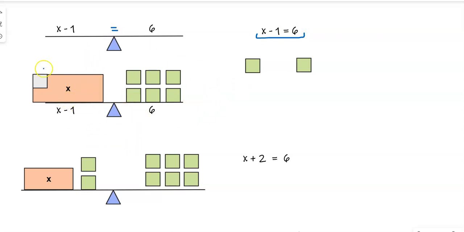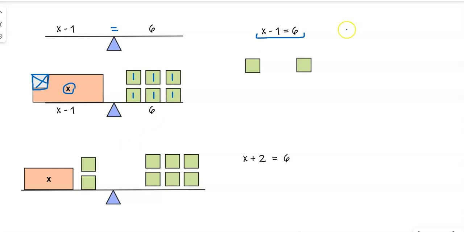If we want to see this visually, on one side we have some unknown value x, and we are taking 1 unit away from this unknown value, so I'm missing 1 unit. On the other side we have 6 units, and each of these units is worth 1.